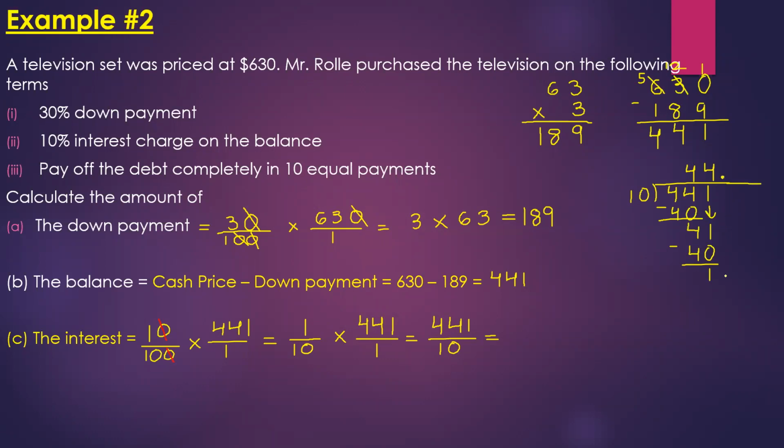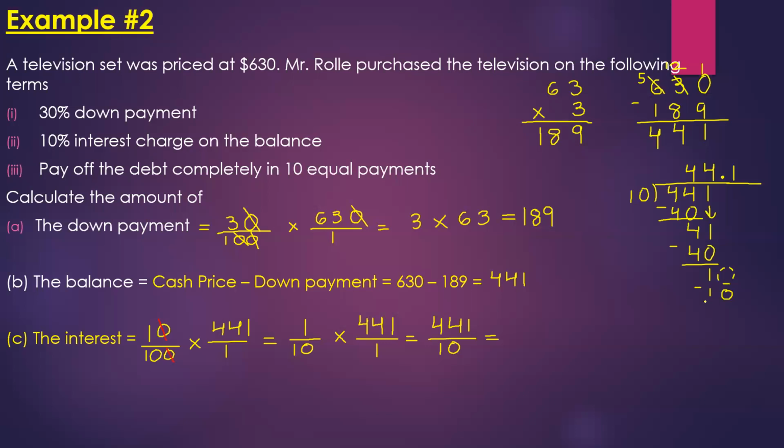What do we do at this point? Add an imaginary 0. How many times does 10 go into itself? 1. 10 times 1 is 10.